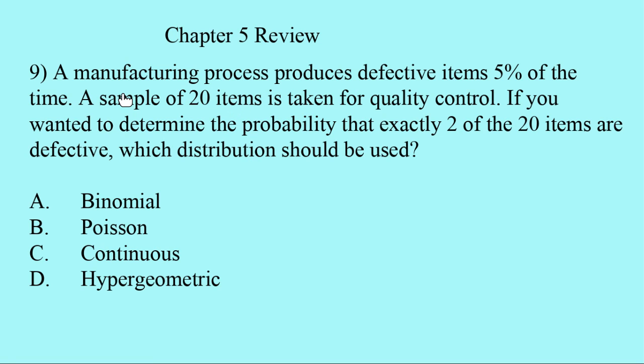Number 9. A manufacturing process produces defective items 5% of the time. A sample of 20 items is taken for quality control. If you wanted to determine the probability that exactly 2 of the 20 items are defective, which distribution should be used? Binomial, Poisson, continuous, or hypergeometric?